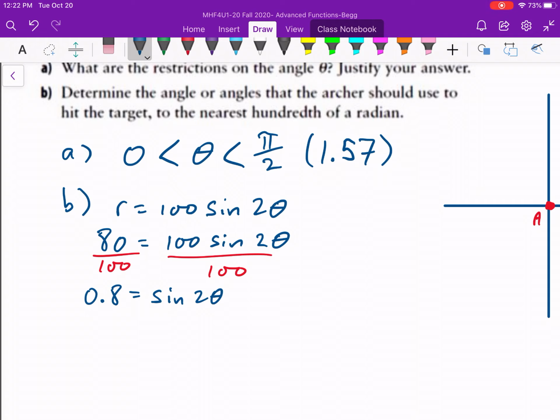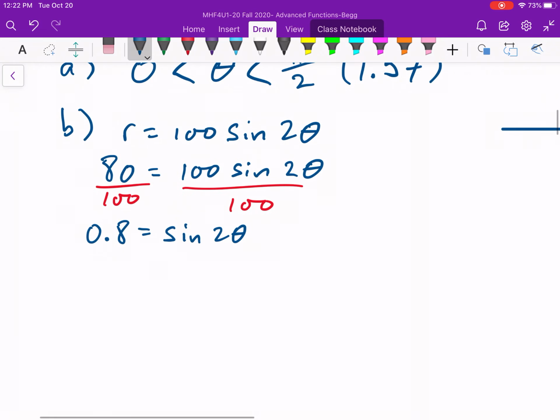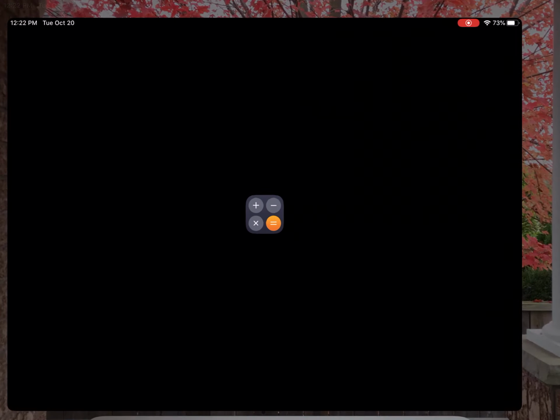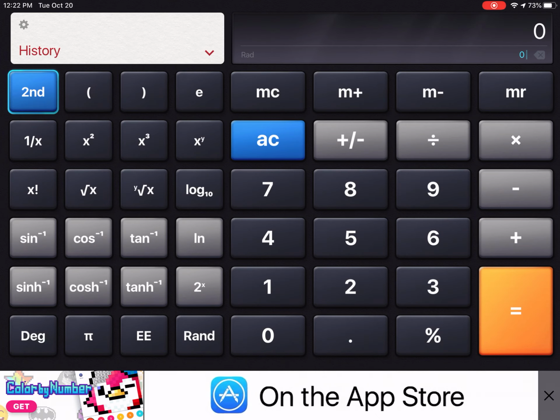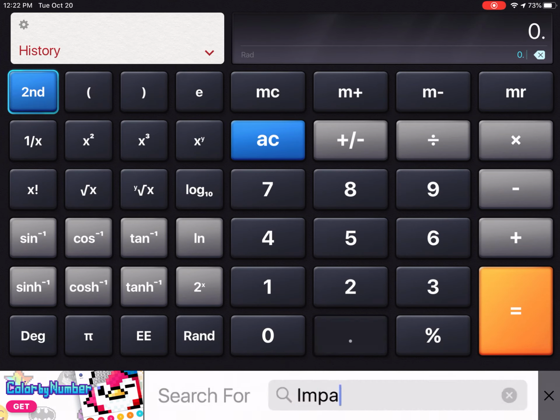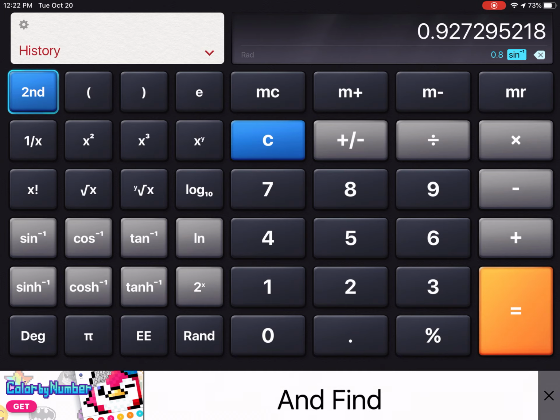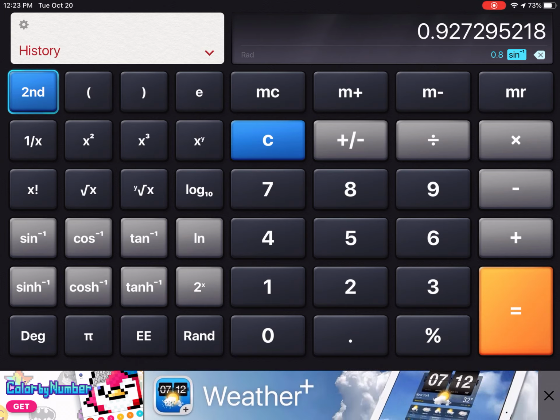Actually, let me back up for a second. To continue isolating things, I need to get rid of the sine. So I can take the inverse sine of each side, and I'll get the inverse sine of 0.8 is equal to 2 theta. With the calculator set to radians, inverse sine of 0.8 is 0.9273.